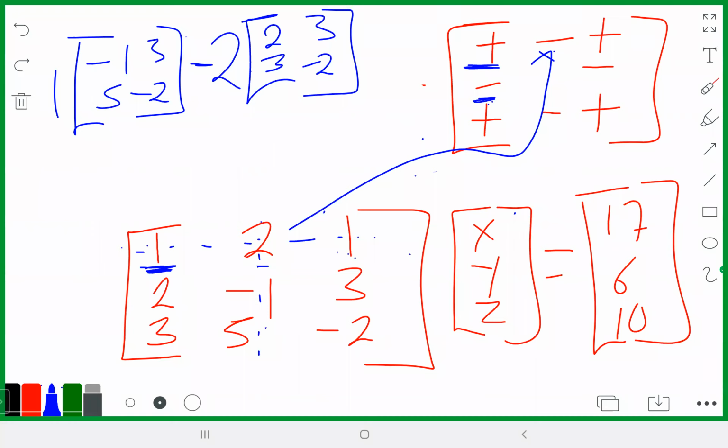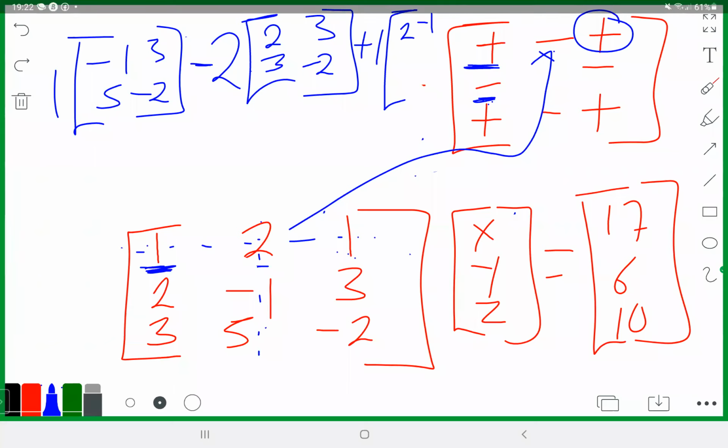Since it is positive, multiplying it with this other positive is still +1. So you write +1, you open. What do you remain with? You have to delete the row, delete the column. So you will remain with 2, -1, 3, and 5. So far, is there any question?